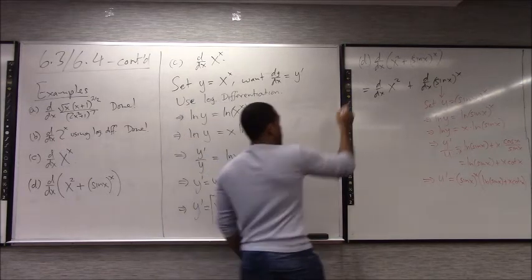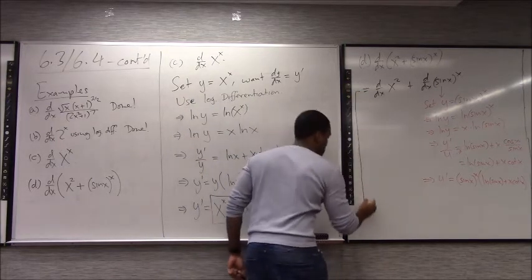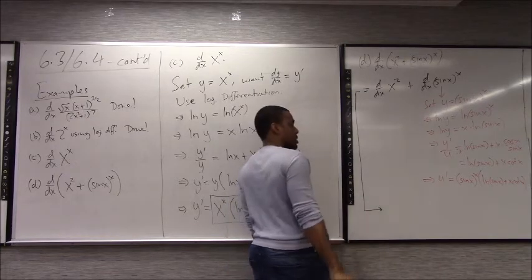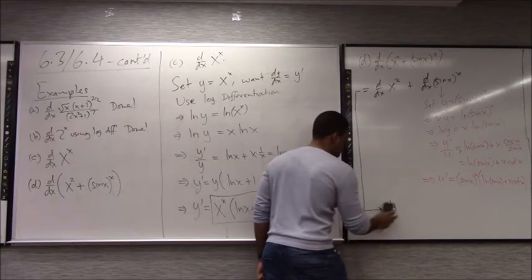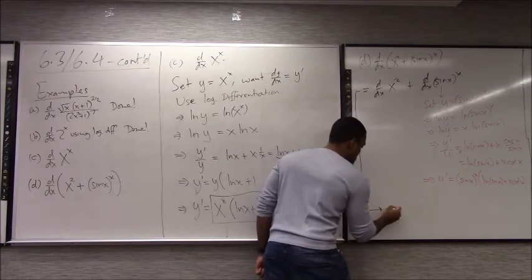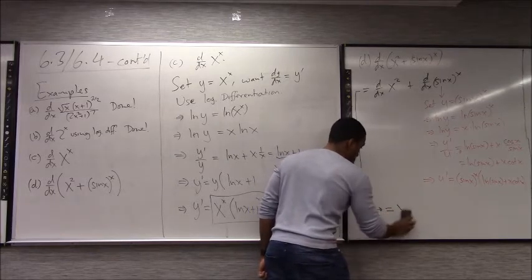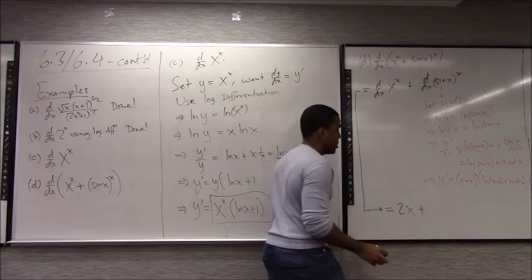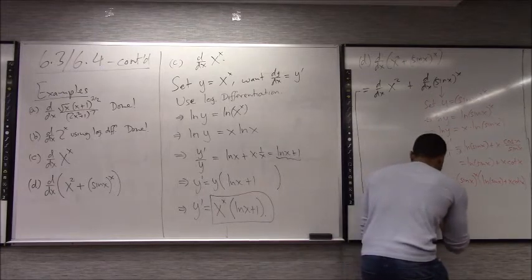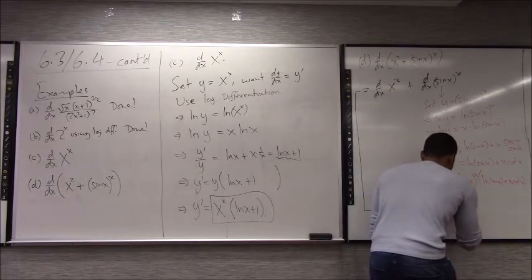And so now we can come back to our original question. And you can say that this is equal to, we're going to differentiate x squared, which is 2x, plus, now you write this down.